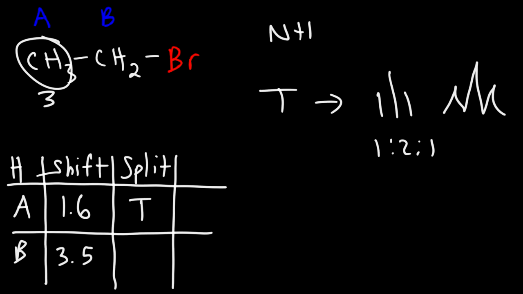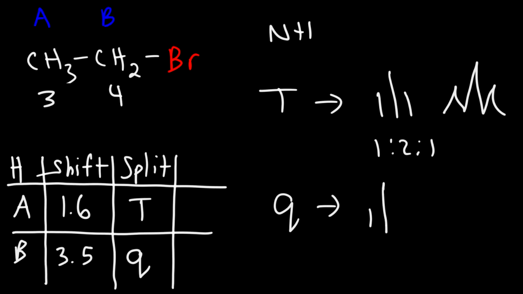So using the n+1 rule, 3 plus 1 is 4. So the signal that corresponds to proton B is going to appear as a quartet. Now, a quartet will look like this. The intensity ratio is 1, 3, 3, 1.